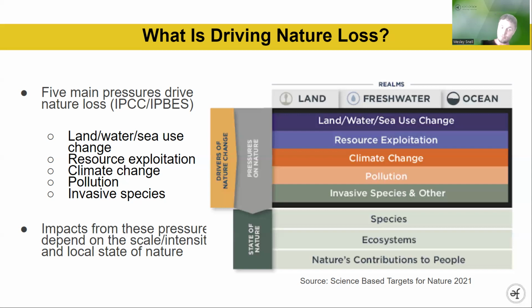The impacts from these pressures depend on the scale and intensity of the economic activity, as well as the local state of nature, so the local integrity or ability to self-regulate. It's very site-specific and location-based.